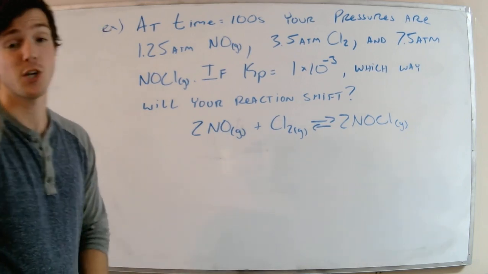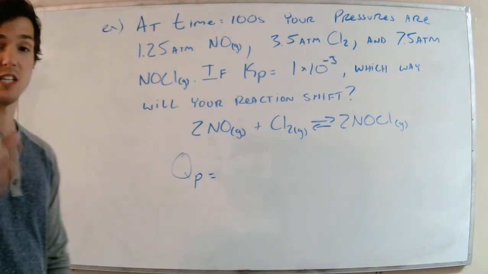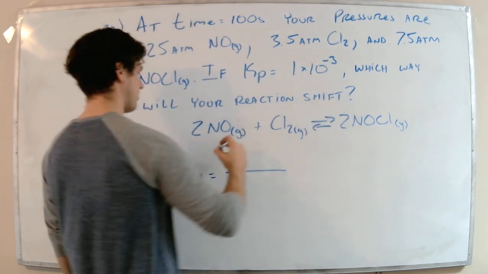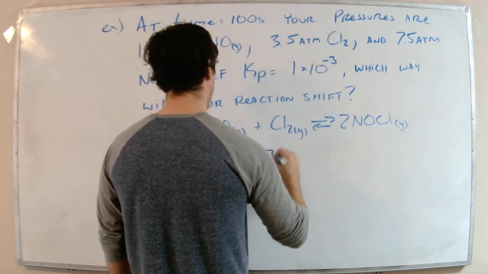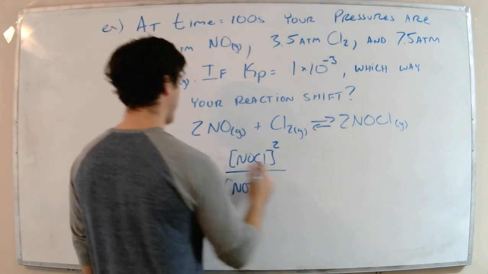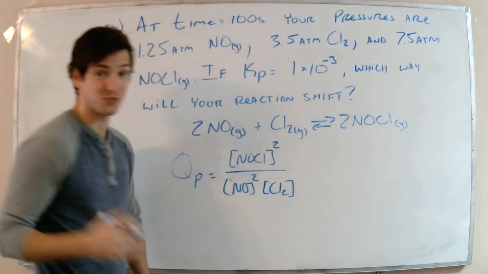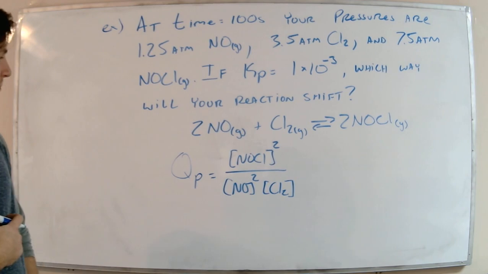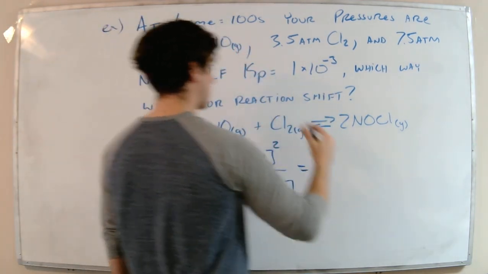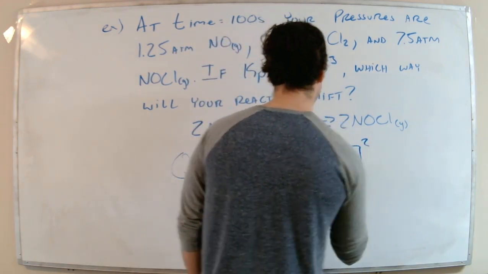So if we want to find out our Qp now, we've got to make an equilibrium expression for Q. Products over reactants, NOCl squared, because there's a 2 in front. NO squared, because there's a 2 in front. And then just Cl2, sorry, not Cl squared. Let's plug in what they have given us now. NOCl is 7.5, and we'll have to square that.